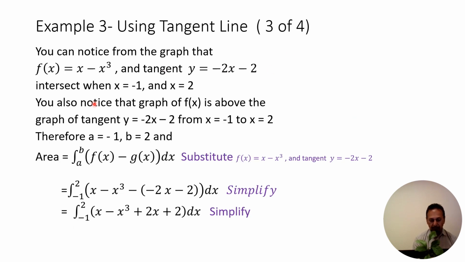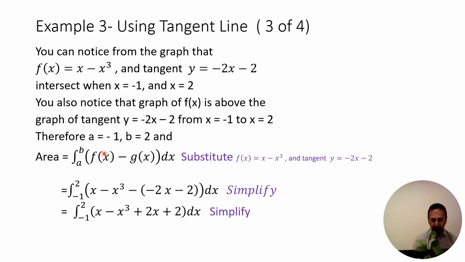So you can notice from the graph that f of x equal to x minus x cubed and the tangent line intersect when x equal to -1 and x equal to 2. And the graph of f of x is above the graph of the tangent from -1 to 2. So therefore we subtract the tangent graph from the given function graph, which is f of x minus g of x.